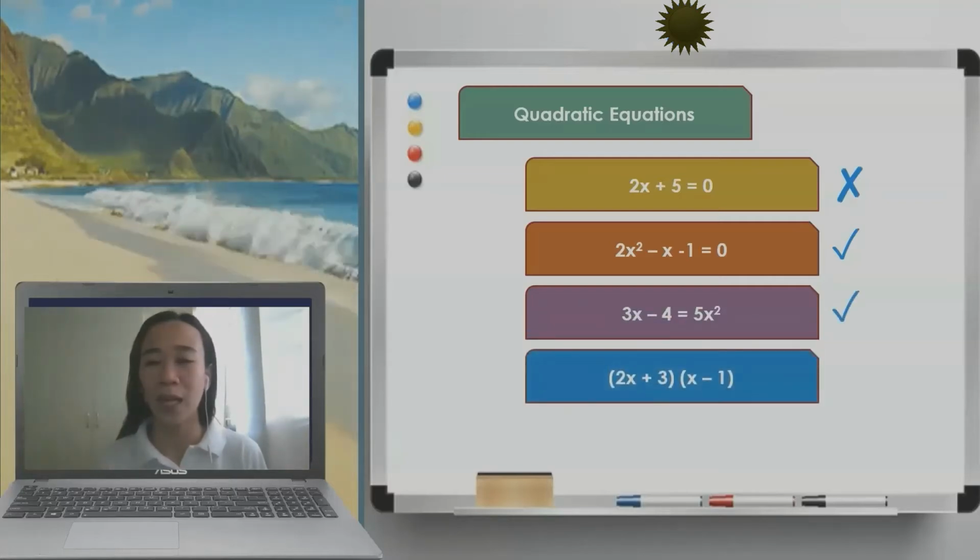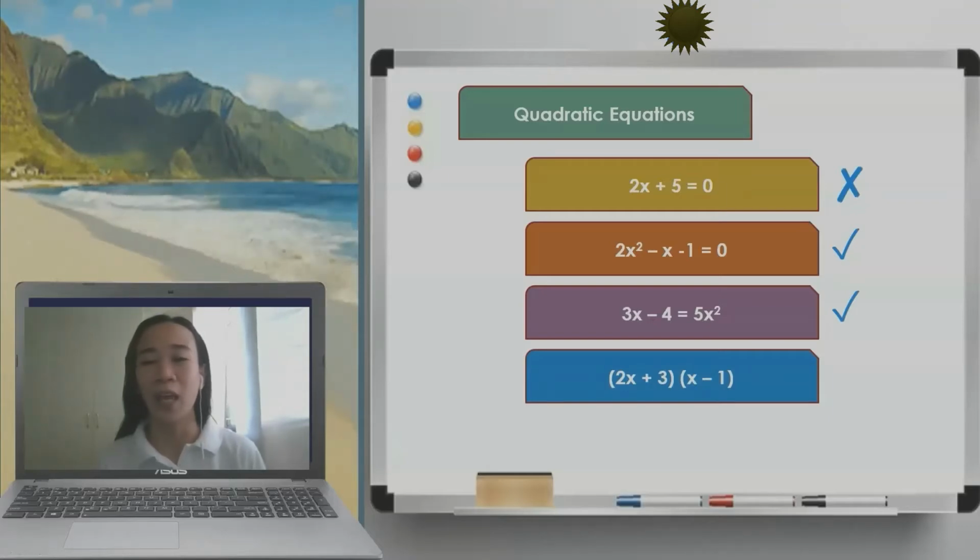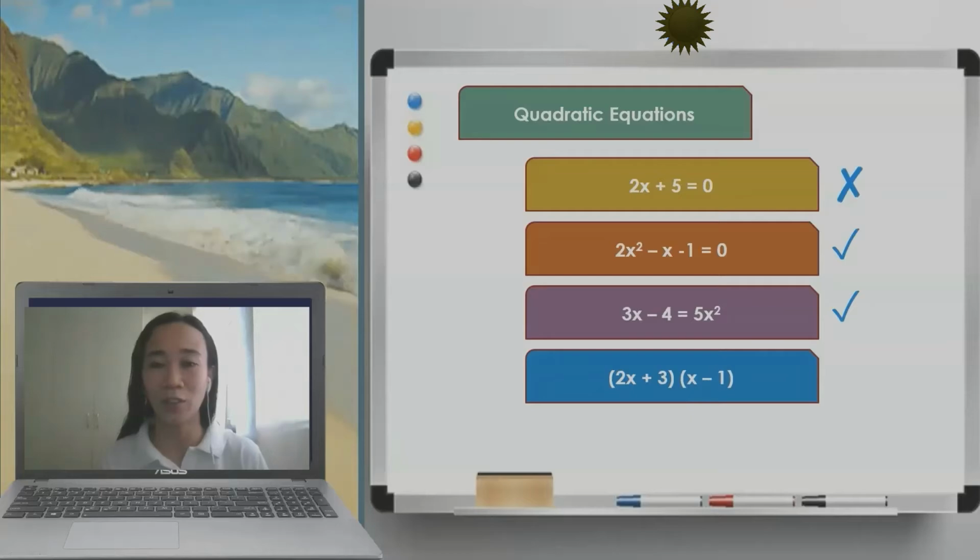Next, 2x plus 3 quantity x minus 1. Is this a quadratic equation? Wonderful, Guadans! It is a quadratic equation.